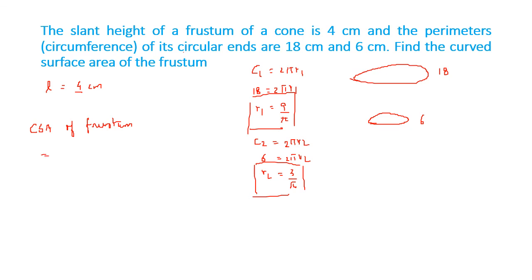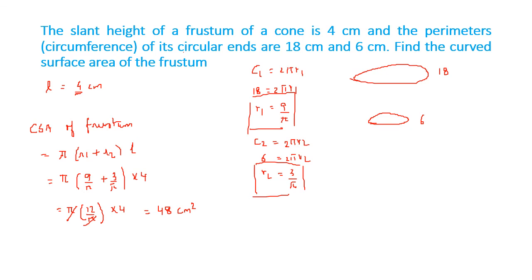It is pi R1 plus R2 into L. Now the L is already given to us, so we'll write pi, R1 we got 9 upon pi, R2 we got 3 upon pi, L is given 4. So it is pi into 12 upon pi into 4. Pi and pi get cut, so 12 4s are 48. So 48 centimeter square is the curved surface area of the frustum.